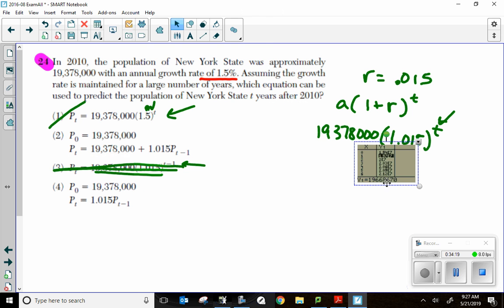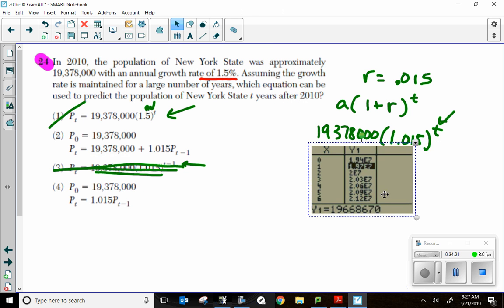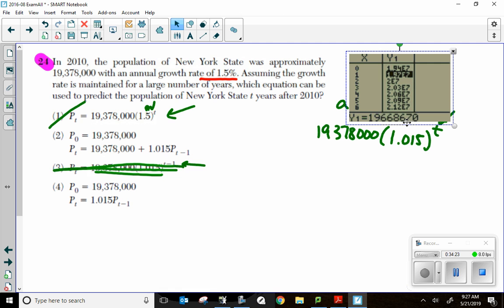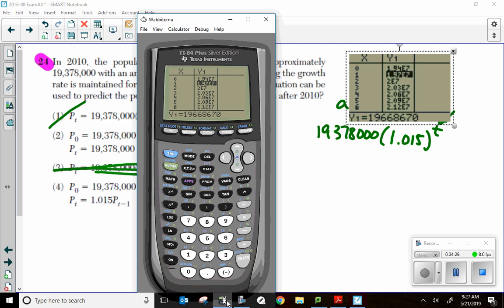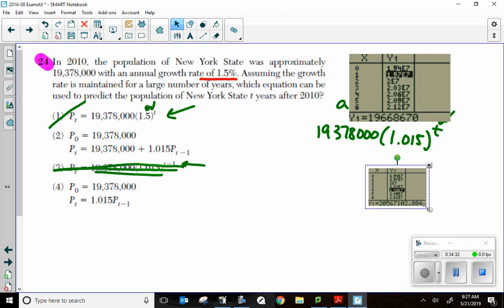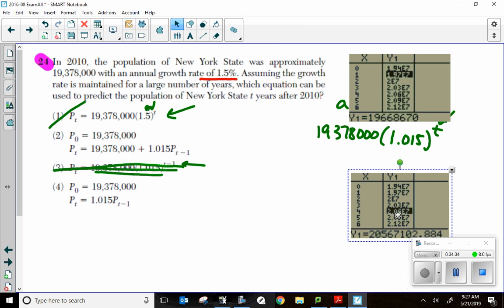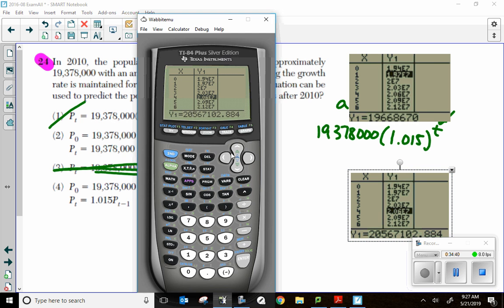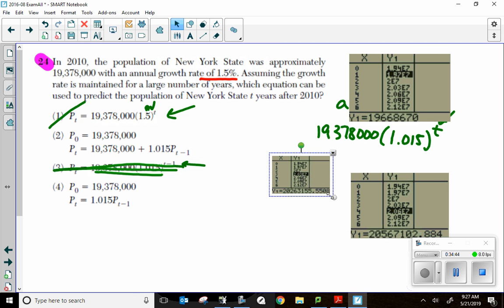After 1 year, I'm going to blow these numbers up here. Then let's go 3 or 4 years. Let's go 4 years. This is the 4th number. When I highlight it, it gives me the number down here. So let's do the 3rd year, 3 years after.